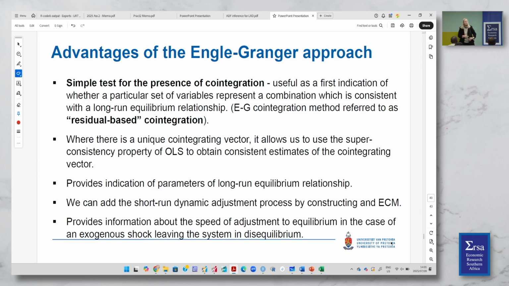So that is what we want to then avoid. And that is why we also then have the multivariate approach. But immediately I can say the ARDL method is also a single equation, so it suffers from the same problems essentially.